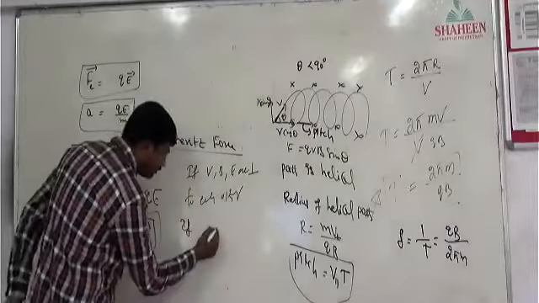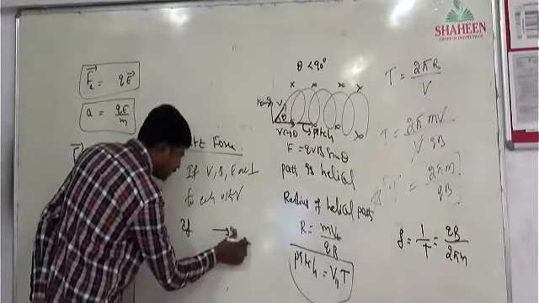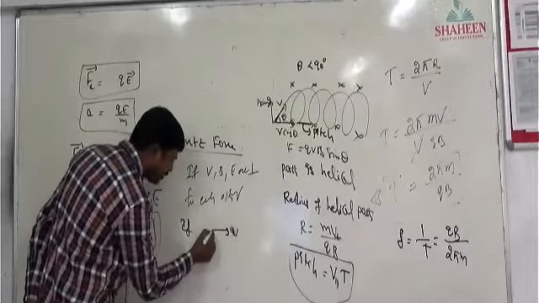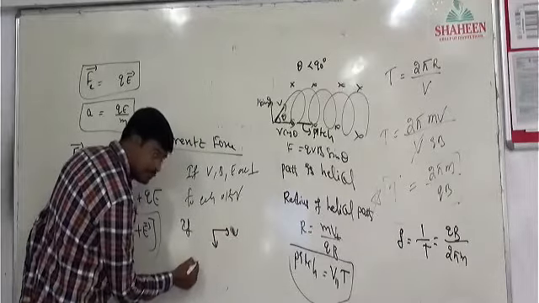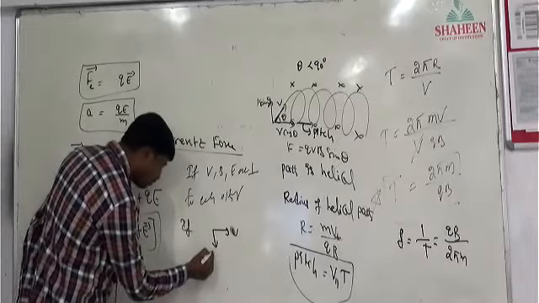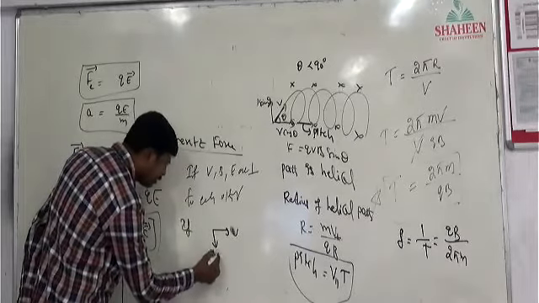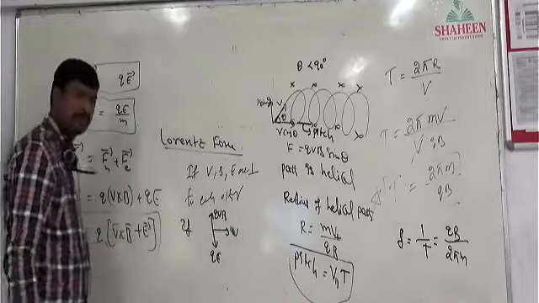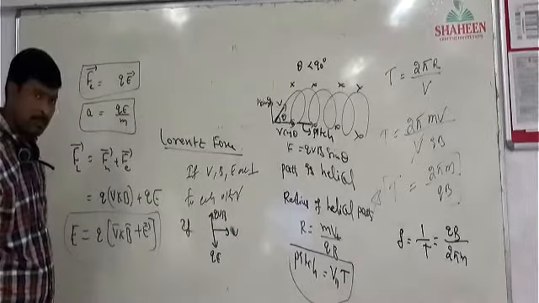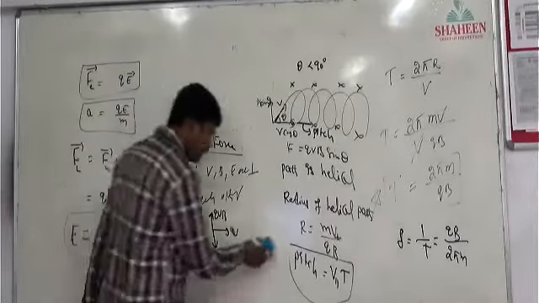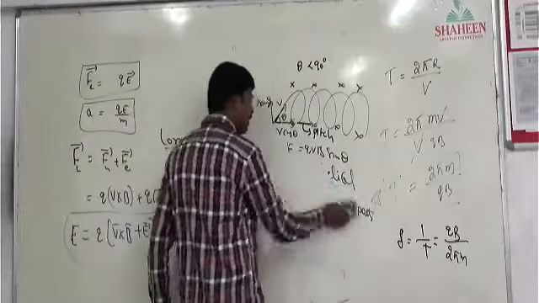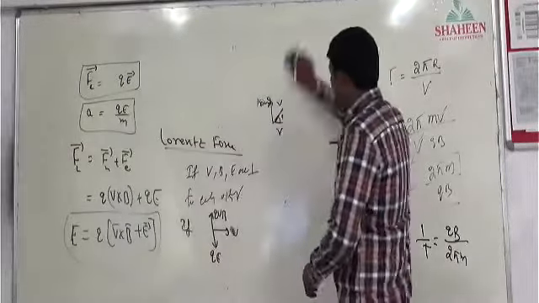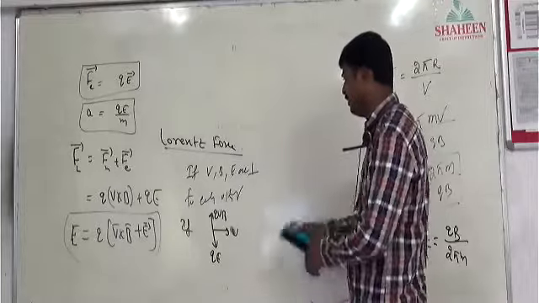For example, a charged particle is going this side with velocity V, and here QE and here QVB act, in perpendicular directions. In this situation we can calculate the velocity of the particle.